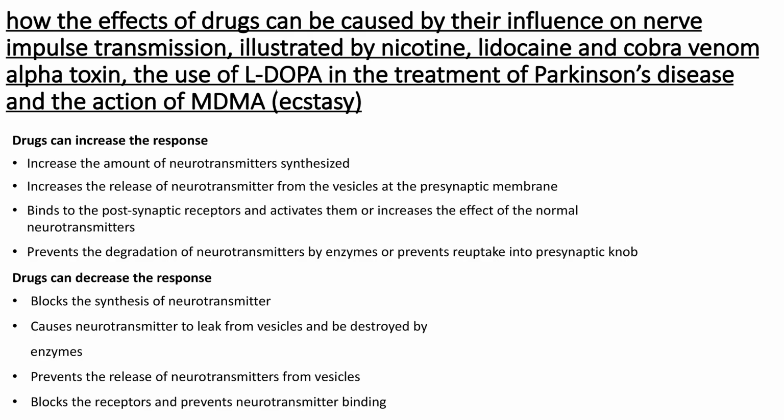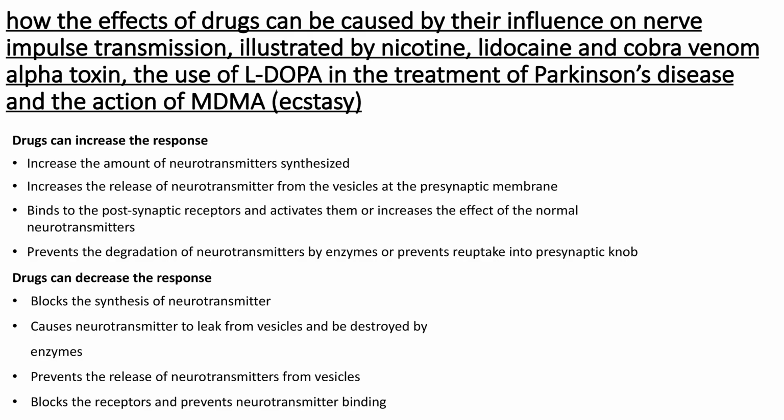They also prevent degradation of neurotransmitters by enzymes or prevent reuptake into the presynaptic knob, so that the neurotransmitters remain in the synaptic cleft for a prolonged period of time and more action potentials can be triggered in the postsynaptic membrane.